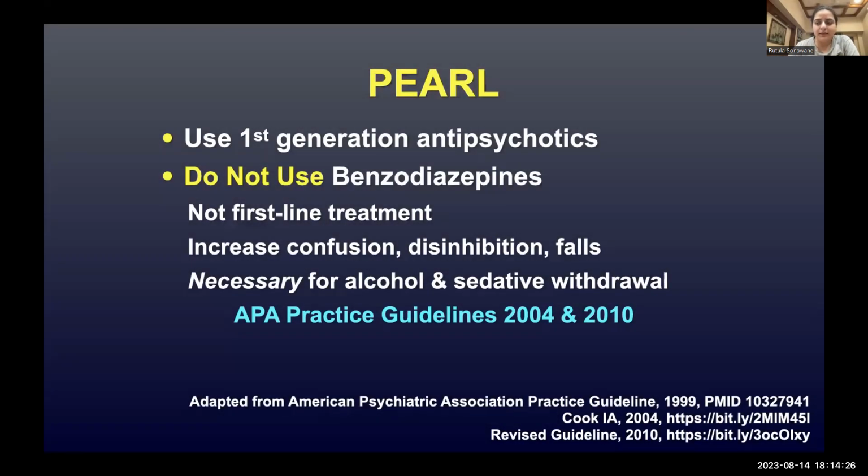So basically, if it is a reversible hyperactive delirium, first line is never benzodiazepines. First line would be your antipsychotics. Then initiate your reorientation techniques as well. So they go hand in hand, right?